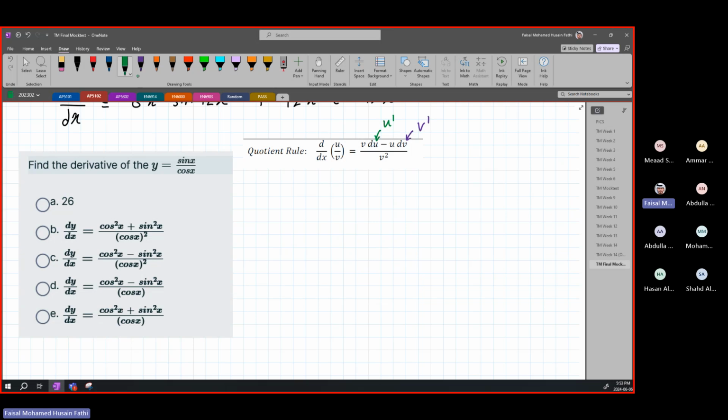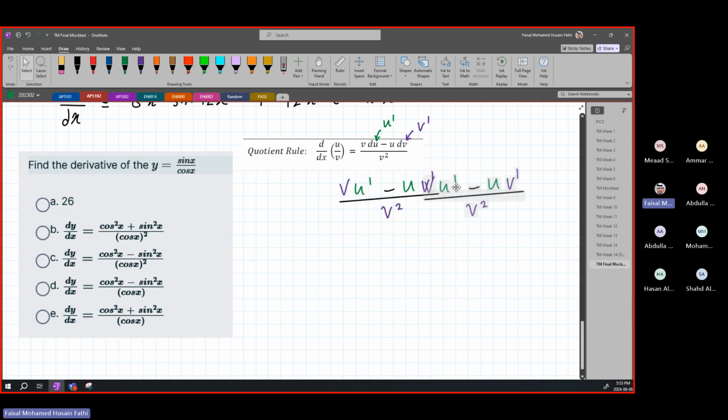So you can write this equation as the differentiation of u over v is equal to v times u prime minus u times v prime. It's the same meaning. You're differentiating all over v squared. Okay? This is what this basically means.